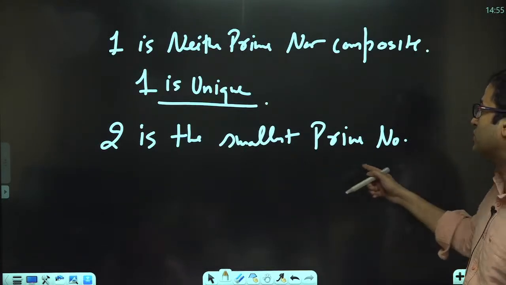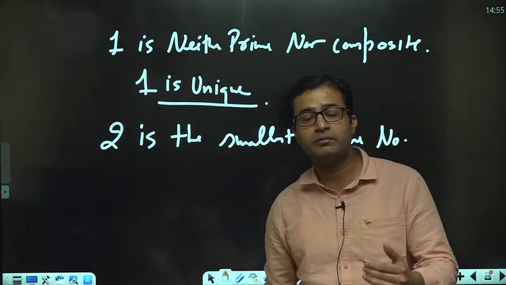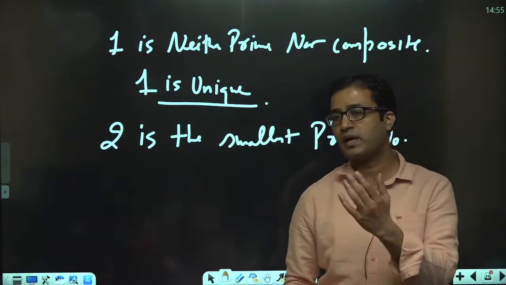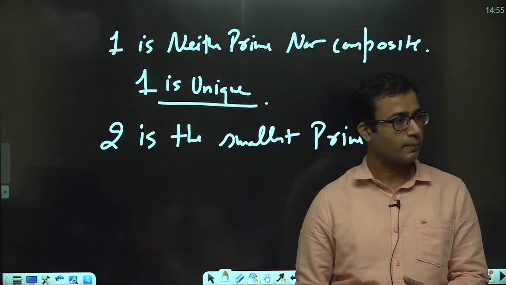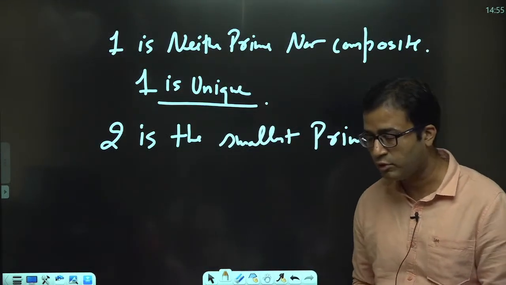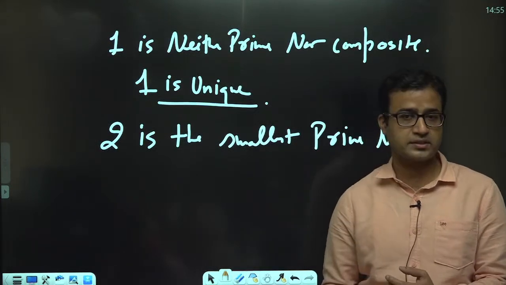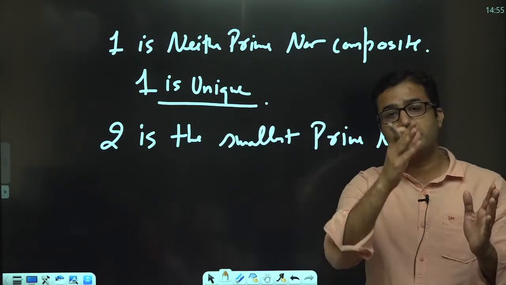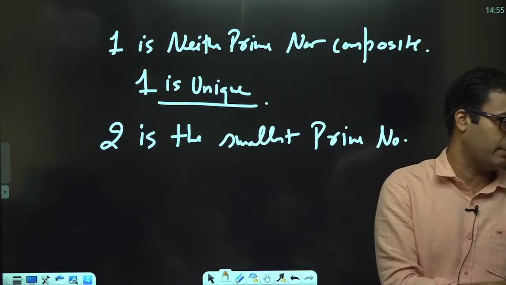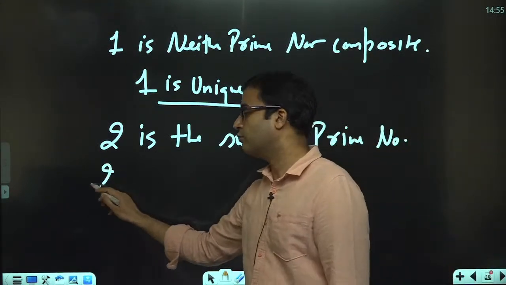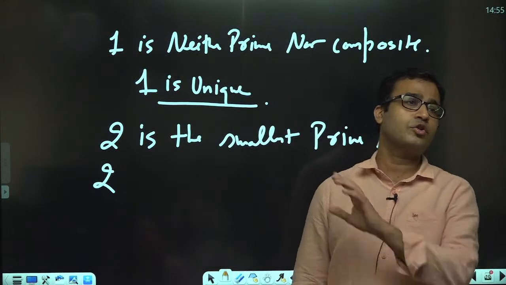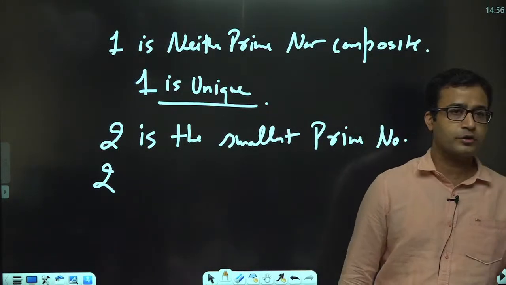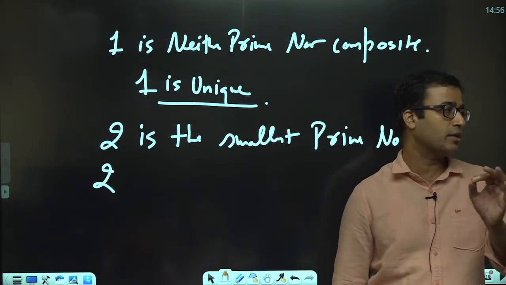2 is the smallest prime number. अब मैं पूछ रहा था, tell me the list of even numbers that are prime numbers. Only 2. Why? Because after 2, you take any even number, 4, 6, 8, 10, 12.